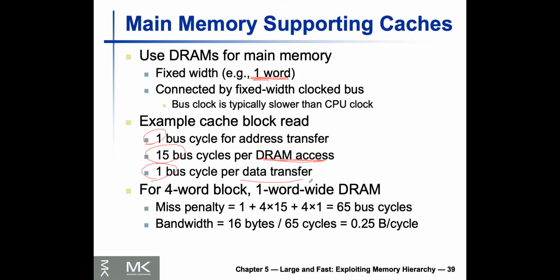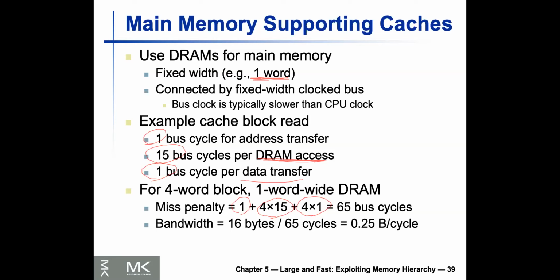the miss penalty would be what? 1 plus 4 times 15. 4-word block multiplied by 15 because of its accesses, and then 4 multiplied by 1 because of the transfer. This is for the address transfer, this is for access, and this is for data transfer.